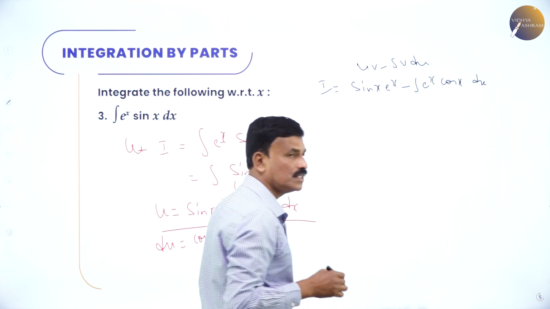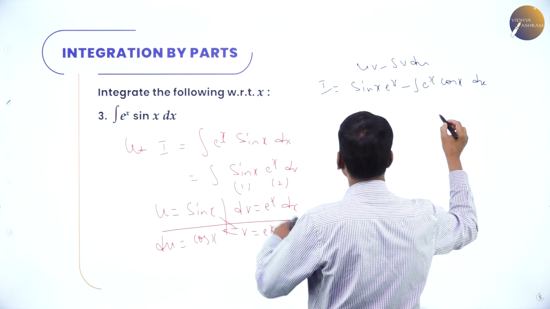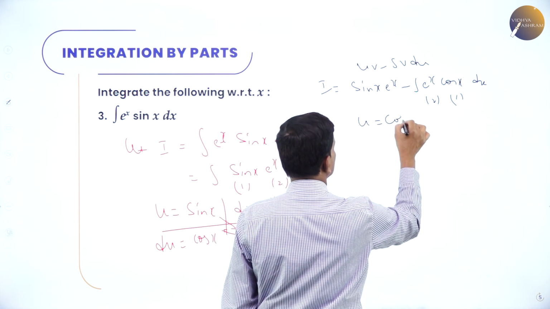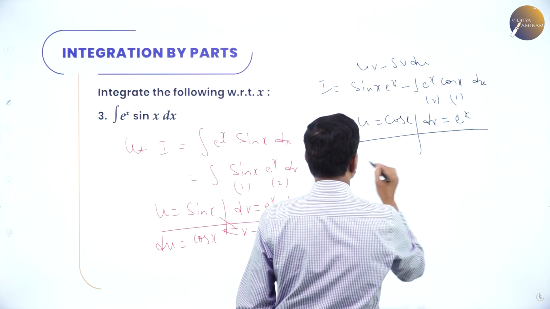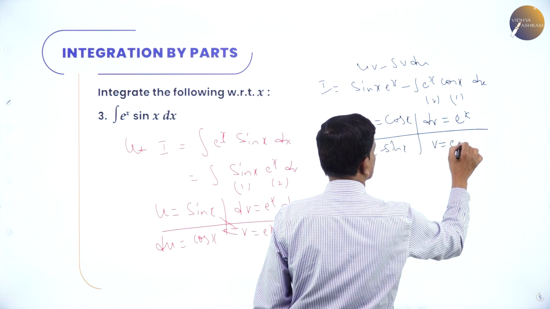Again, this can be integrated by integration by parts. The same formula we are going to use. So consider this as first function, second function. u is equal to cos x, dv is equal to e power x. Then the differentiation of cos x is minus sin x, and the integration of e power x is e power x.